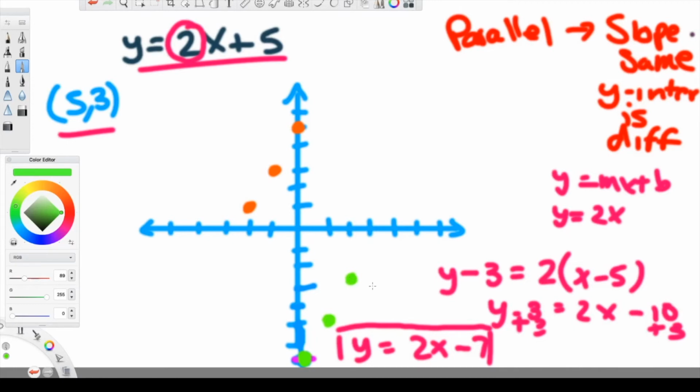Now they're both parallel. I'm going to draw another line. They're both parallel, as you can see. Same slope, they're not overlapping each other, right? And we have the points. I'm going to do that so you can see them.